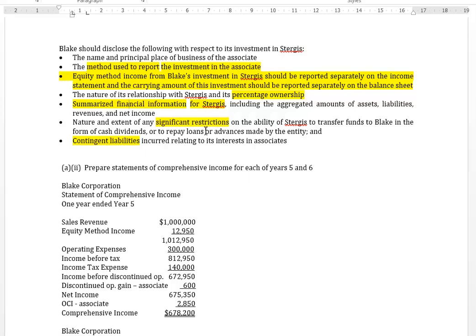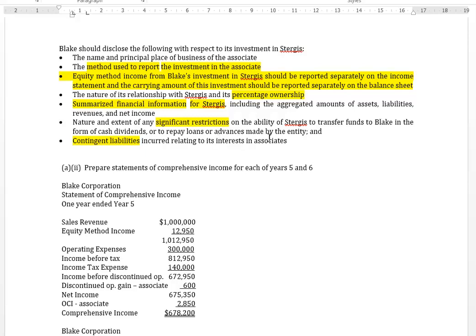And these last two items are very, very important. The nature and extent of any significant restrictions on Sturgis's, that's your associated company, ability to transfer any funds to Blake in the form of a cash dividend or repay any loans that it made to Blake or advances, right?